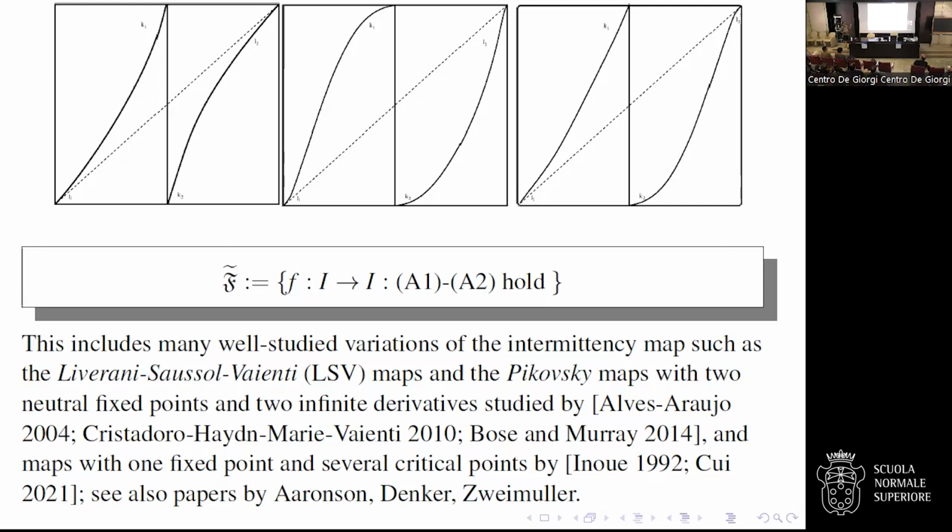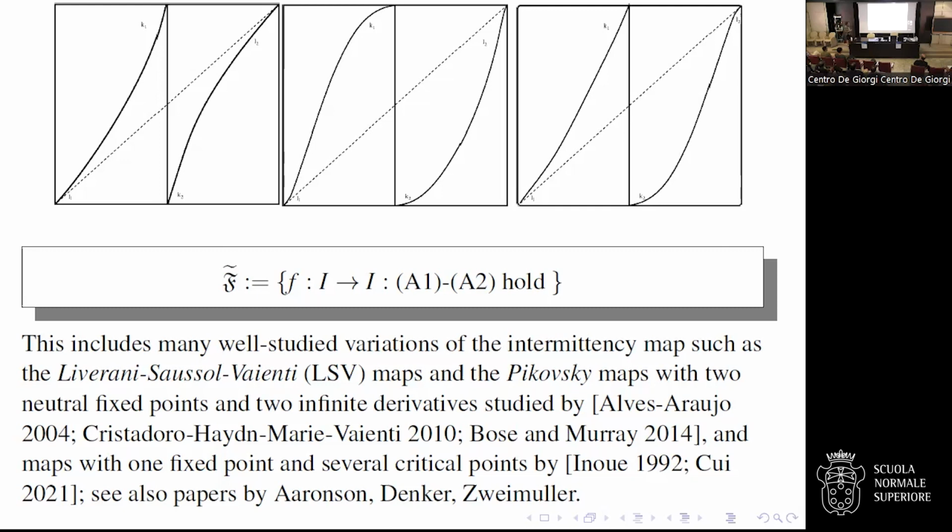But in the particular direction that we're studying, of particular importance, I want to mention the papers of Liverani, Saussol, and Vaienti, and also the so-called Pikovsky maps, which is how we actually ended up coming to this, which was studied by Alves and Araujo, and also in a paper of Cristadoro, Haydn, Marie, and Vaienti in 2010.